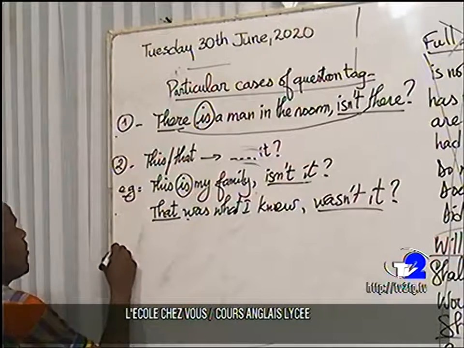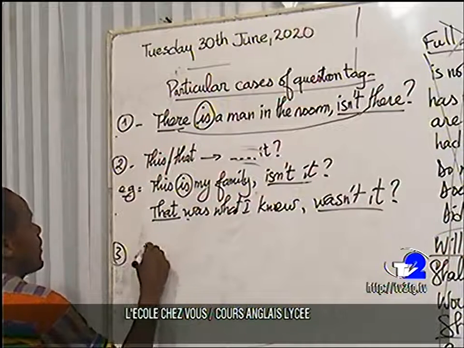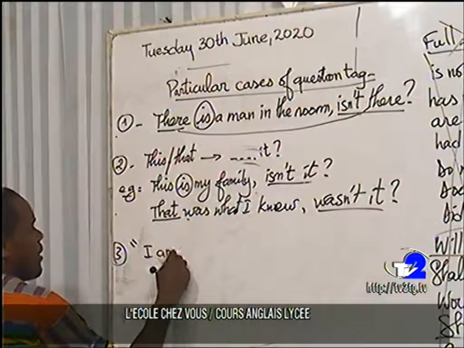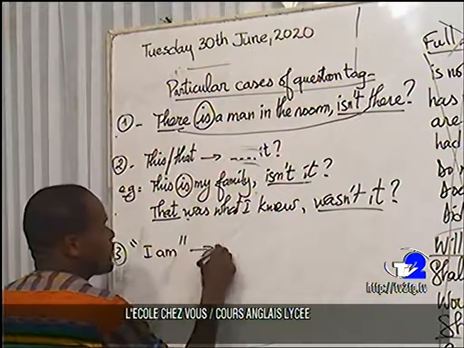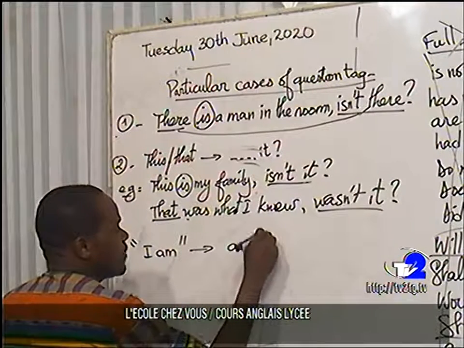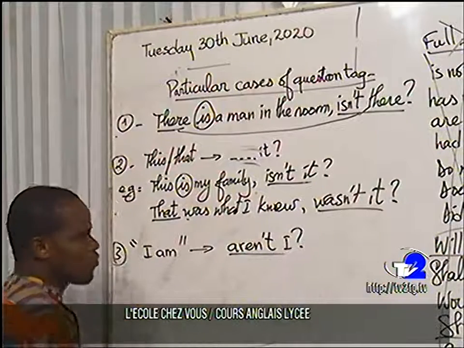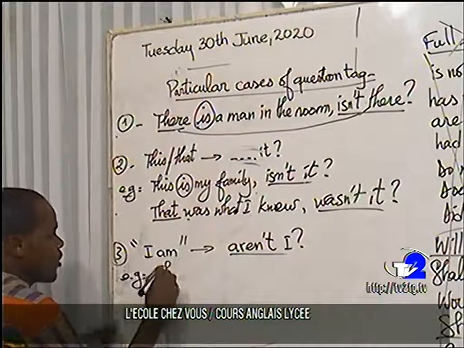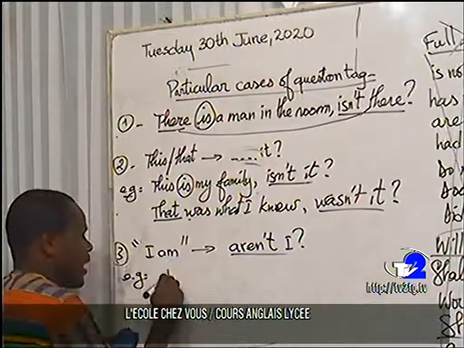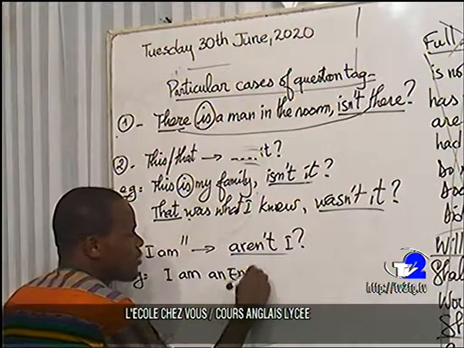Now, number 3. How do we form question tag when we have I am? When we have I am in the sentence, the question tag is always aren't I. Please don't say am I not. Example: I am an English teacher.